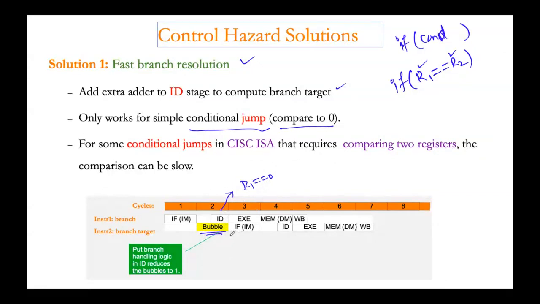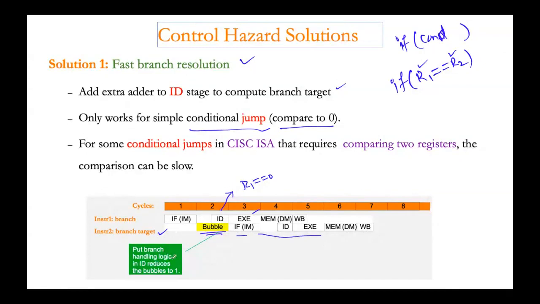If not 0, the immediately next instruction will go on executing, and in the second cycle we come to know whether the branch will be taken or not. If the branch is taken, the branch target will be calculated, the target address will be given, and the next instruction will start executing.